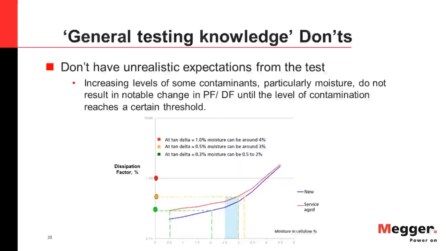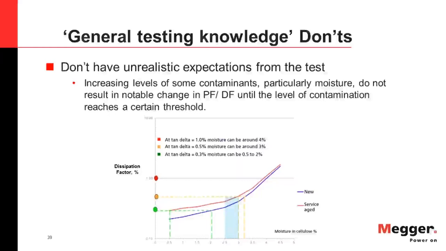Okay, so an additional note on this figure is the divergence or the separation of the red and blue curves at low moisture levels, indicating that a single dissipation factor value may represent a wide range of moisture contamination levels that's largely dependent on how aged the insulation system is.